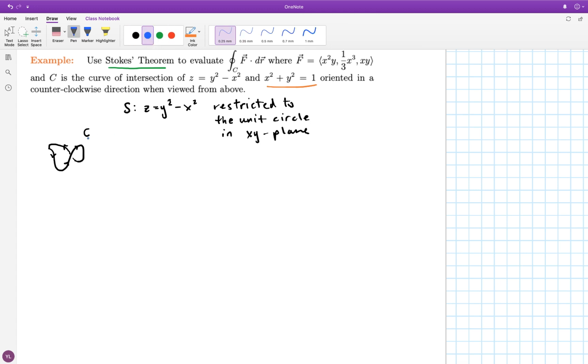Okay, I'm probably not going to do a great job of drawing that, but it's this kind of surface from the hyperbolic paraboloid making C as the boundary. That's what S looks like.